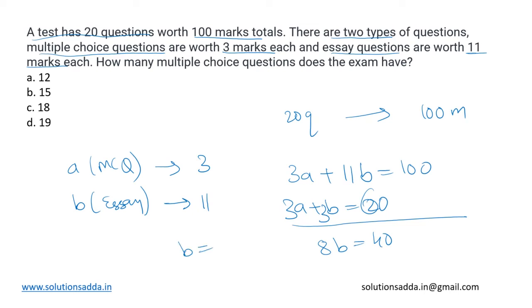So we get B equal to 5, A equal to 15. So there are 15 MCQ type questions and 5 essay type questions. Hence we get what we are asked: how many multiple choice questions does the exam have? So we got 15 to be the answer. So we go with option B.